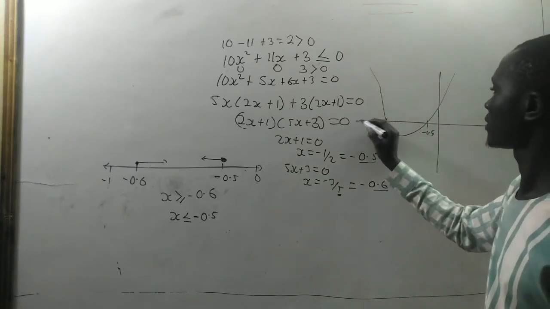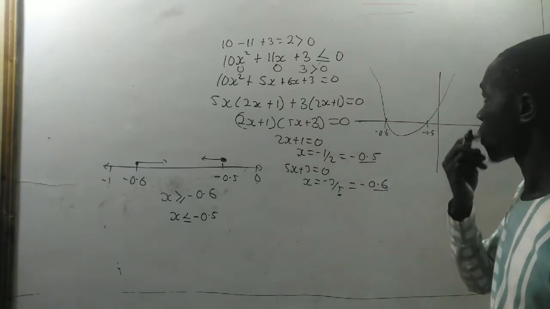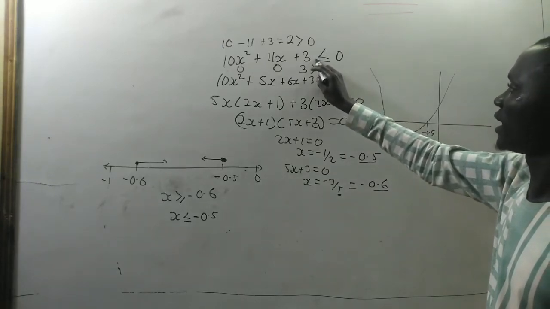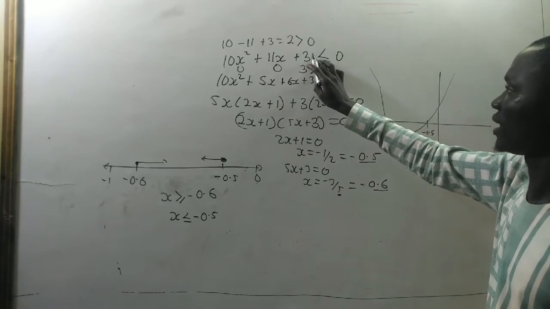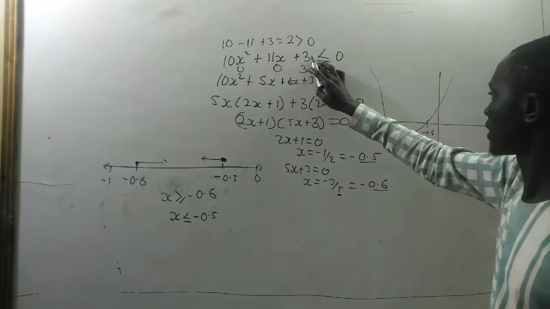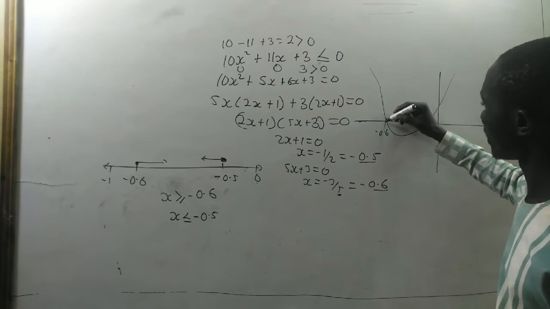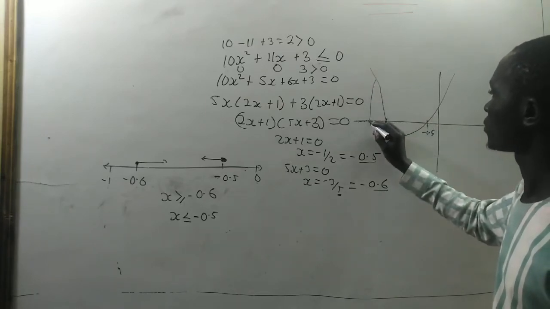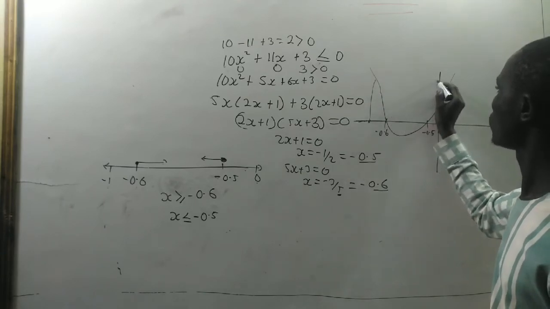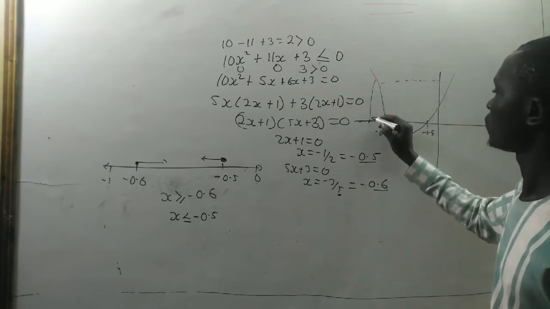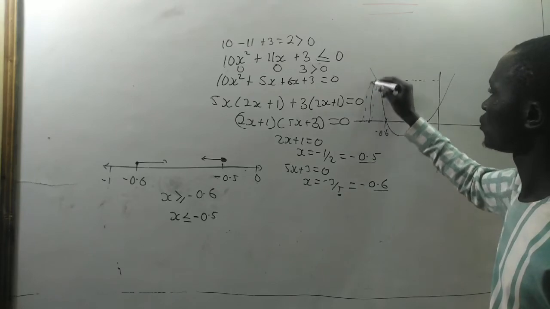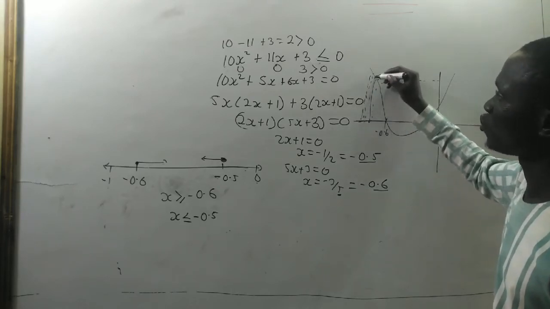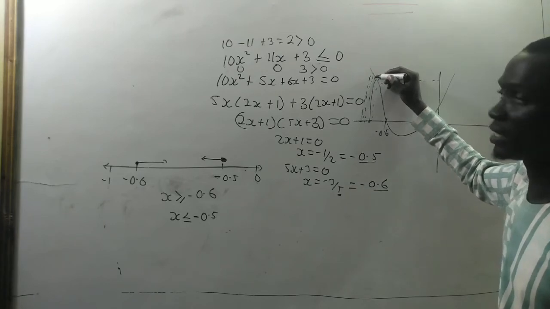So now, what do we have here? You see that we want values that will be less. We want less than. You see that as we move here, as we take x values here, the numbers will go up. You see that the y values will go up. Have you seen that?